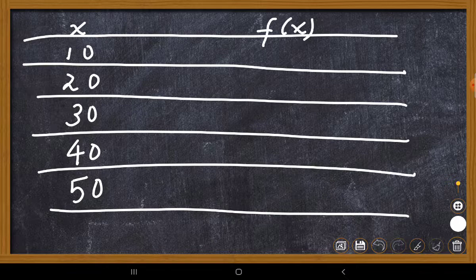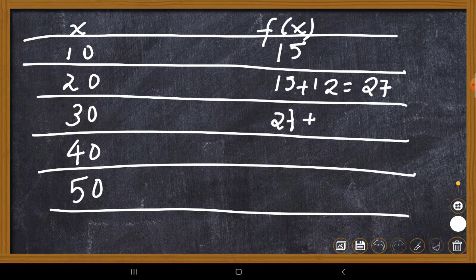So the corresponding cumulative frequency: the first cumulative frequency will be the first frequency only, 15. Then the next will be 15 plus the next frequency 12, which is equal to 27. Then the next will be 27 plus 10, which is equal to 37.